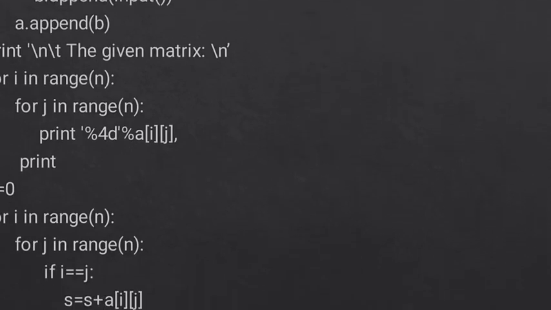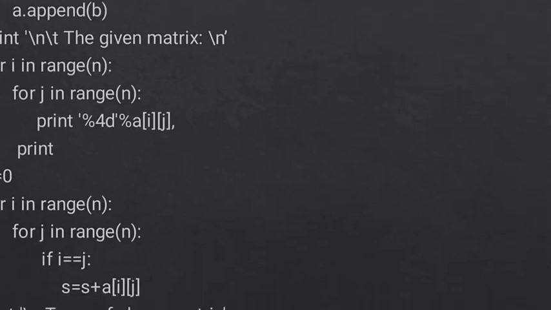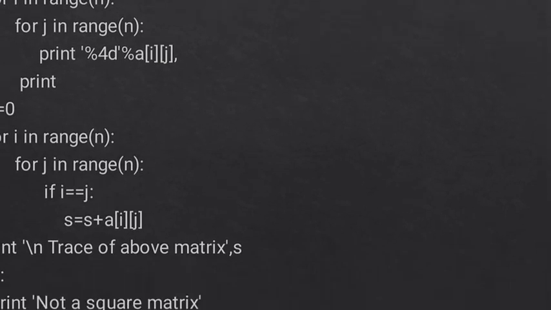Then we have to find the trace of the matrix, which is given by s is equal to 0. First we initialize it as 0, and then for i in range n, the order of the matrix, and for j in range n. If i is equal to j, so we know it is a square matrix, we are adding the diagonal elements.